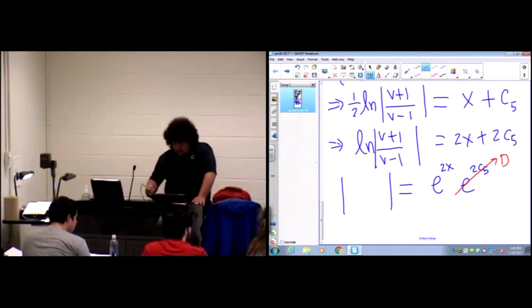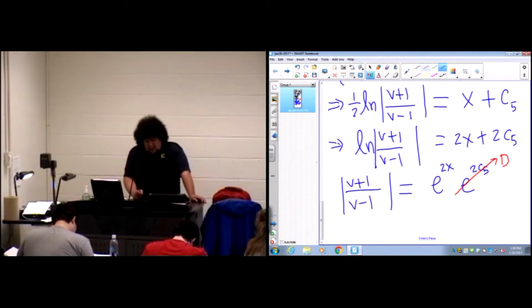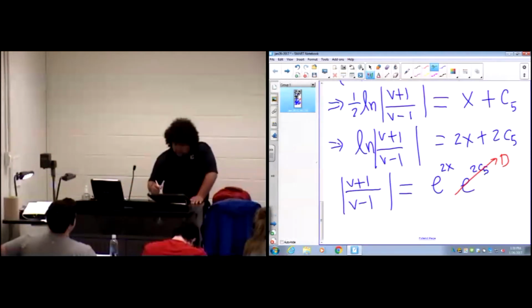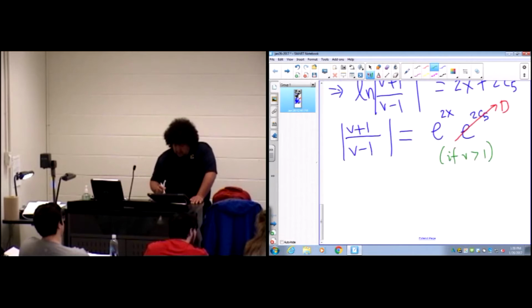Okay. So on the left-hand side, we have this ratio v plus 1 over v minus 1. See, here's probably where we need a note. If v is bigger than 1, then we can get rid of that absolute value.